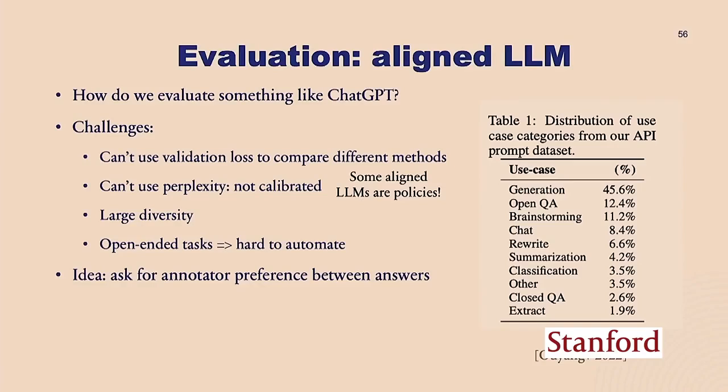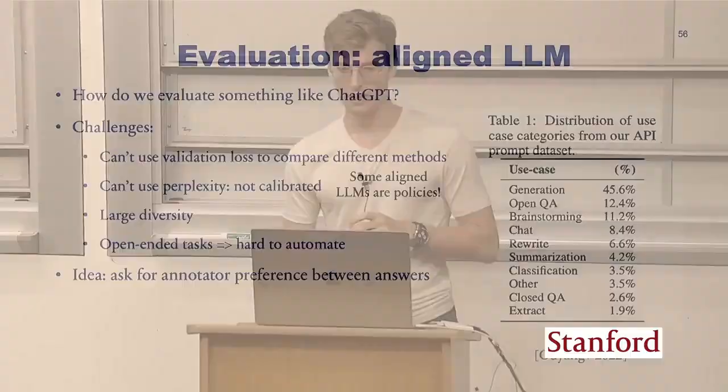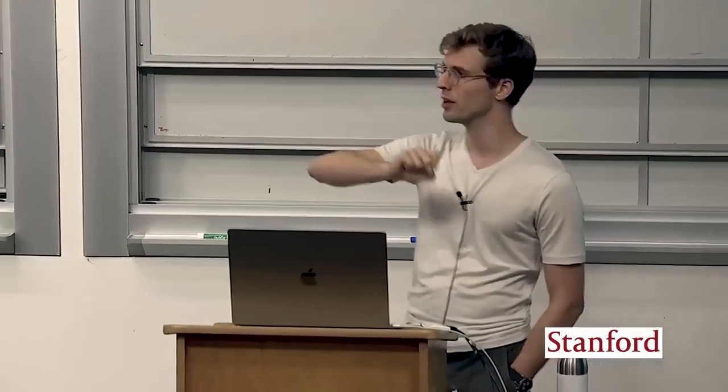Yes? I'm not sure I understand what you mean by can't use perplexity and not calibrated. The LLM is still doing next token prediction, right? So why can't perplexity be used? Think about the optimal solution after doing PPO: it's basically one model that gives you essentially a delta, saying there's only one sentence that could be generated for that question.